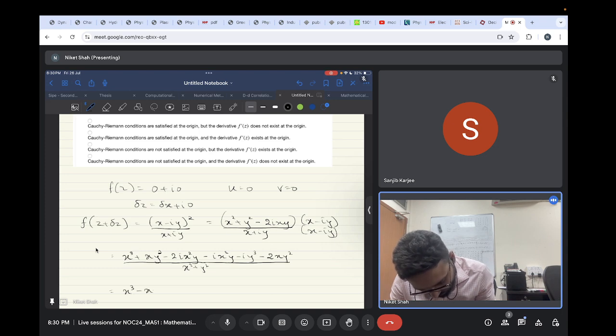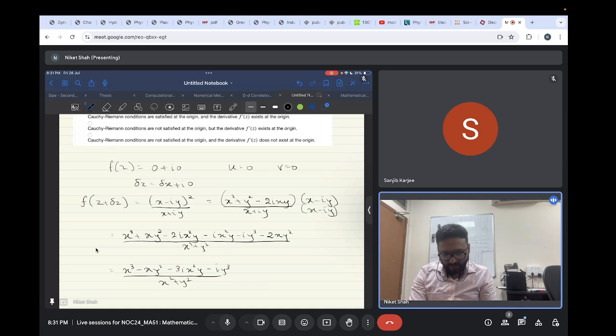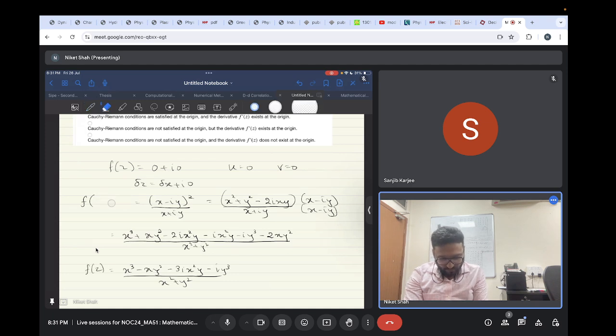So minus xy square. Okay, so two real terms and there are two imaginary terms, x square y. So minus 3ix square y minus iy cube. These are the two imaginary terms divided by x square plus y square. So this is just my f of z actually.